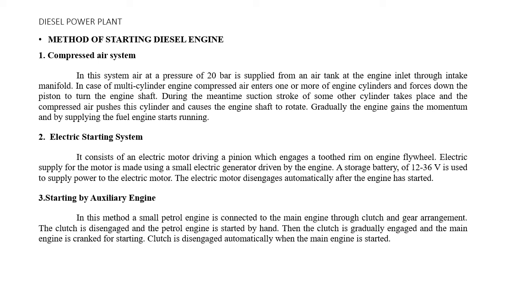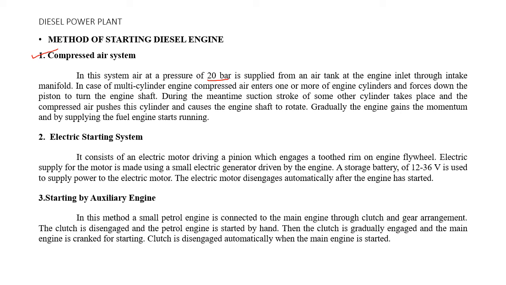First one is a compressed air system. In this system, air at a pressure of around 20 bar is supplied from an air tank at the engine inlet through inlet manifold. In case of multi-cylinder engine, compressed air enters one or more of the engine cylinders and forces down the piston to turn the engine shaft.